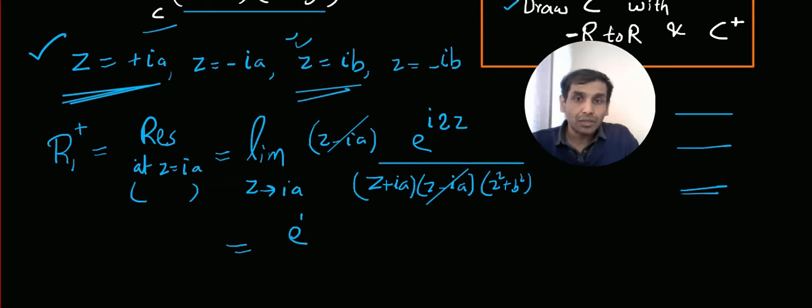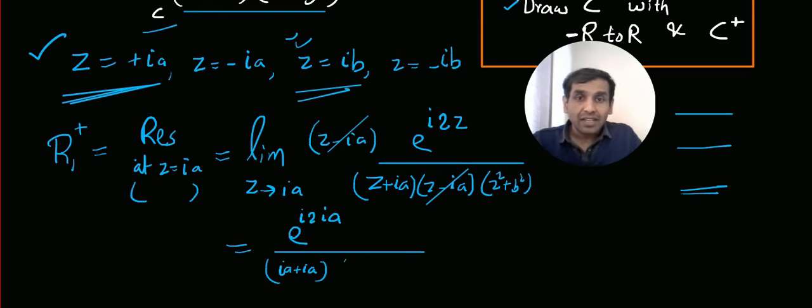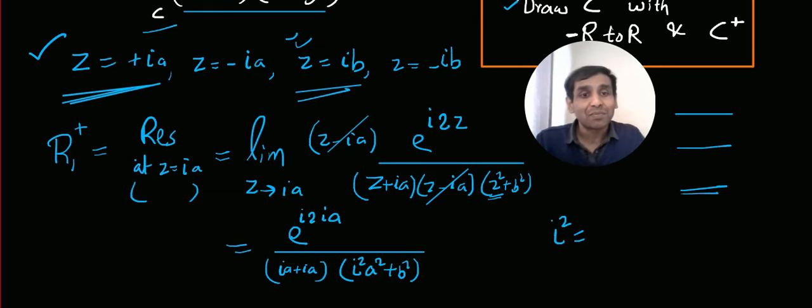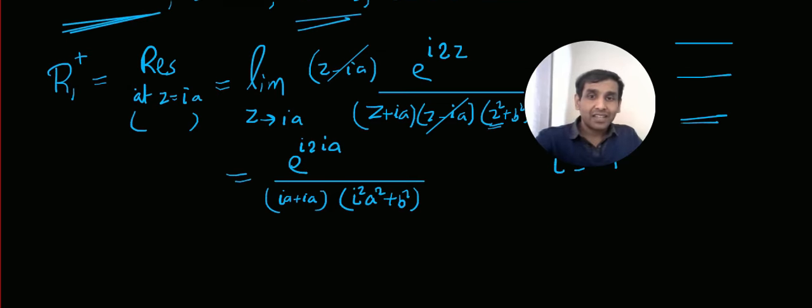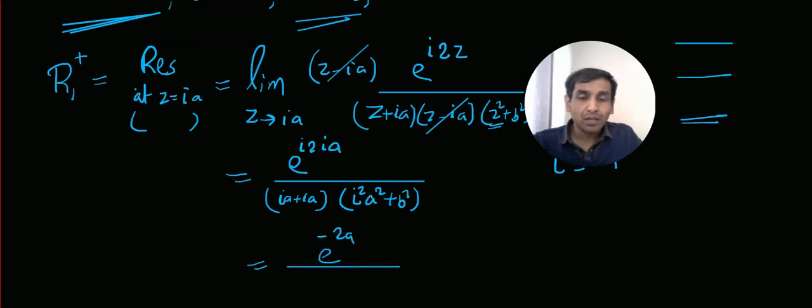So it will be e to the power i2(ia) divided by (ia plus ia), apple plus apple is 2 apples, and then (i squared a squared plus b squared). I hope you remember i squared is, come on, what's i squared? Minus 1. And here we go, this will become e to the power minus 2a divided by 2ia, and this will be minus a squared plus b squared.